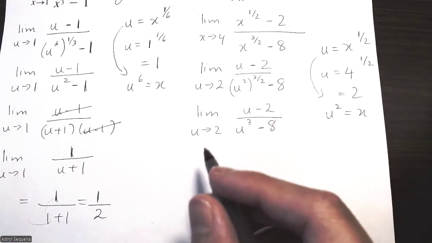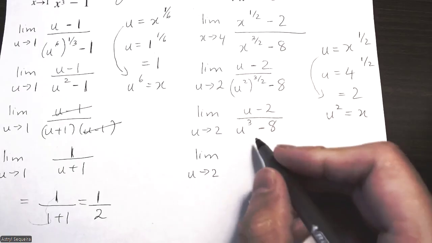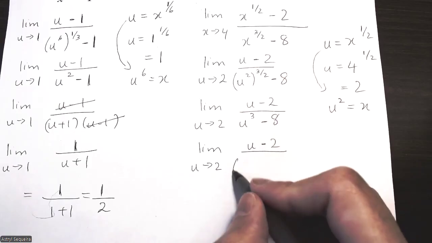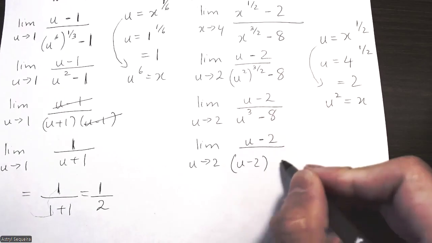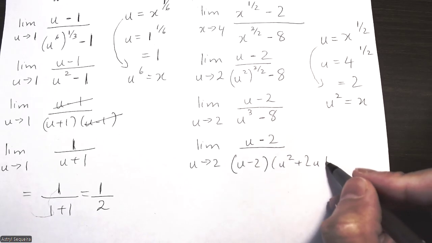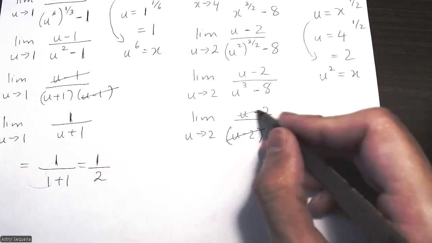Then I can factor the denominator using difference of cubes. I'm not going to explain that in this video, but you can check out some difference of cubes videos on my channel if you don't know how to do that. It's just u minus 2 times u squared plus 2u plus 4. And I can simplify this by canceling it out.